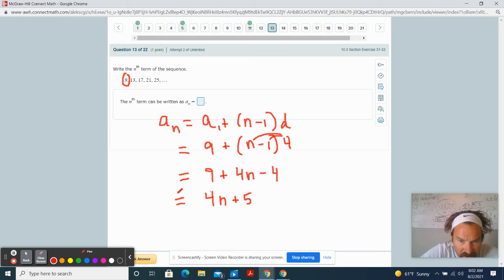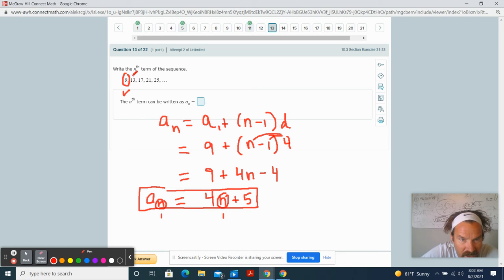Now, this formula generates each of the terms. Now, what do I mean by generates? Well, if you let n be 1, if that's 1 and this is 1, you should get your first term. 4 times 1 is 4. 4 plus 5, 9. 9 is my first term.